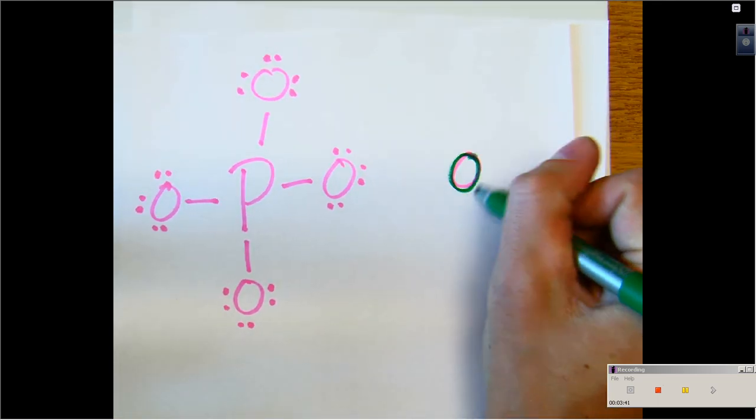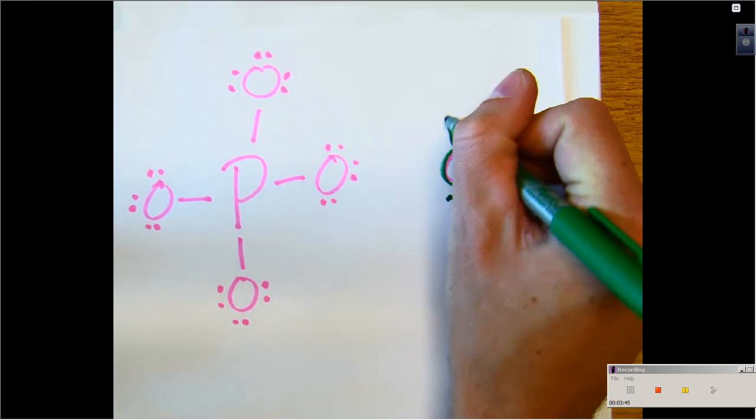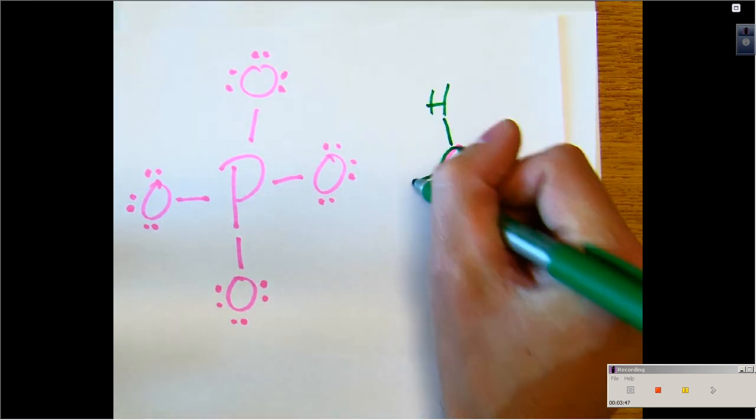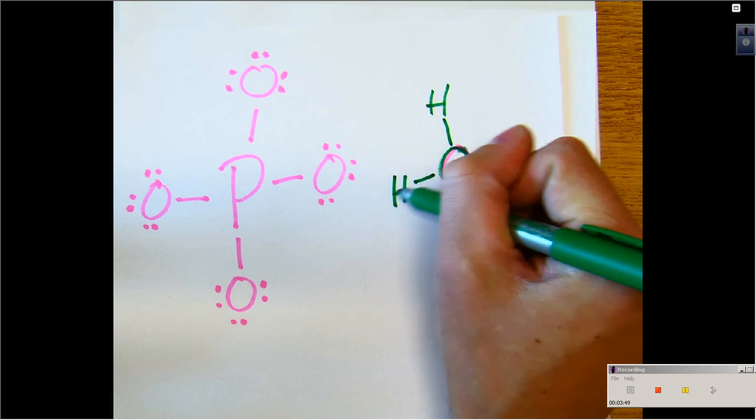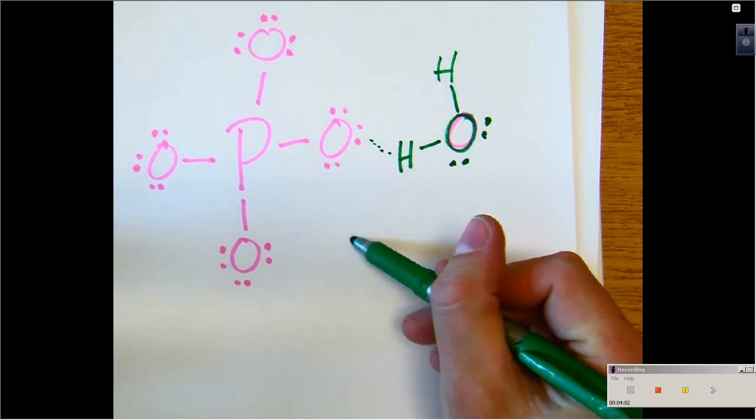That water molecule can come in with his hydrogens, and we can get a bond between those two. In other words, that phosphate ion can accept a hydrogen, accept a proton.